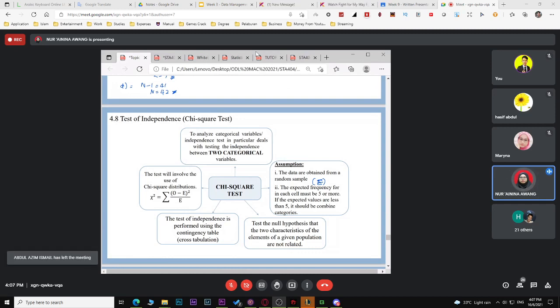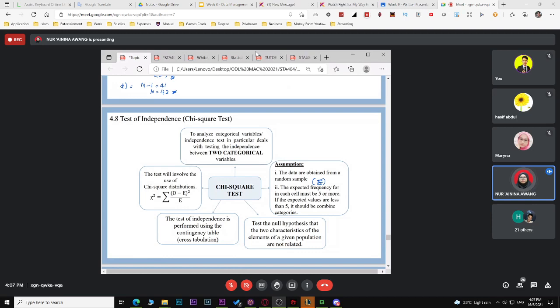Cross tabulation falls under categorical, since we have two categorical variables. You would use a histogram, stem and leaf plot or box and whisker plot for numerical data.